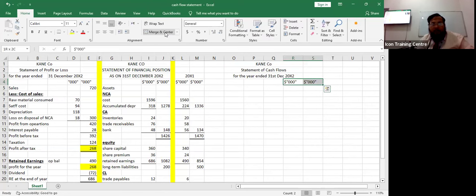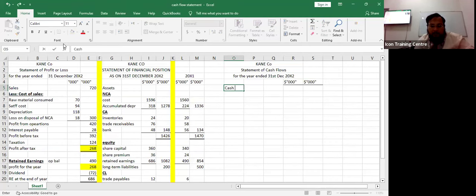So the first thing is, there are three activities, right? The first activity is cash flow from operating activity. So start from cash flow from operating activity.